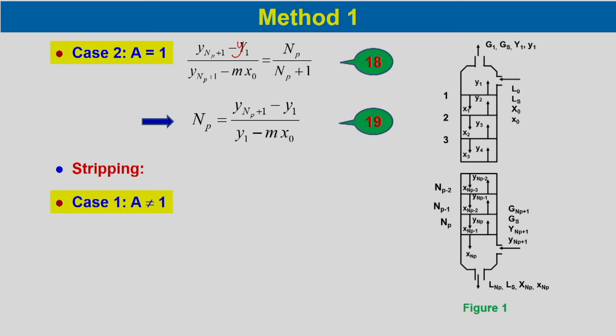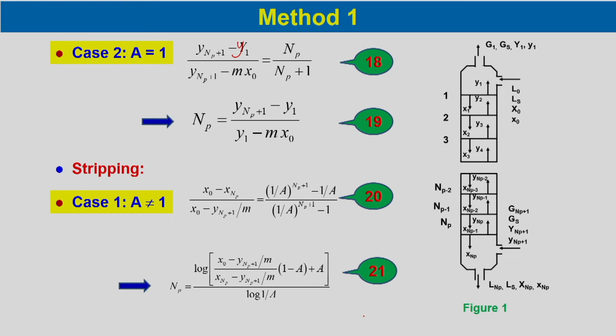Now, in case of stripping with A not equal to 1, the equation we can derive is (x naught minus x n p) divided by (x naught minus y n p plus 1 divided by m) equal to (1 by a to the power n p plus 1 minus 1 by a) whole divided by (1 by a to the power n p plus 1 minus 1).